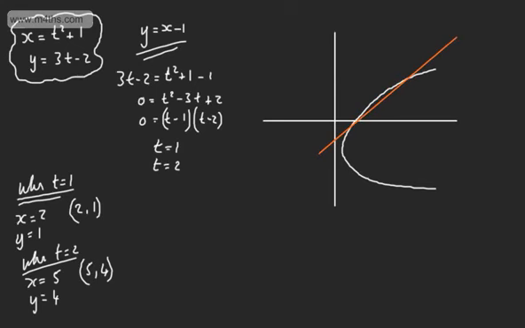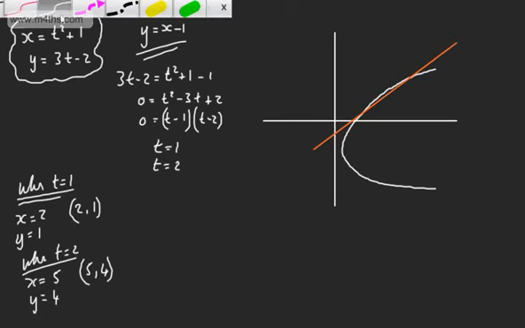That will give us our points of intersection. So the line will look something like this, and we have these 2 points. This is the point 2, 1, and this will be the point 5, 4.